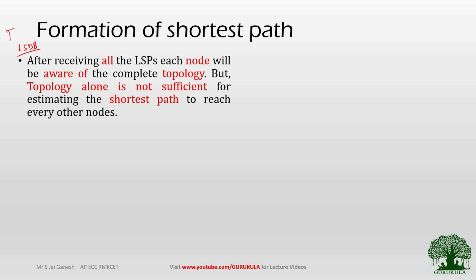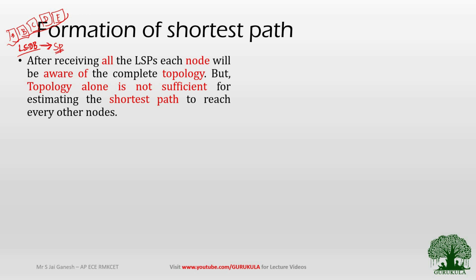It will have the link state packet of node A, of node B, of node C, of node D, and of node E. All these LSPs put together are what we call the link state database, and the link state database will be used to create the shortest path. With this idea in mind, we will see what happens next.